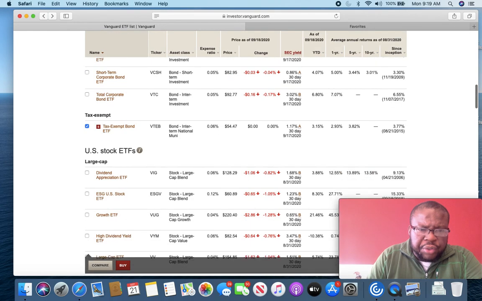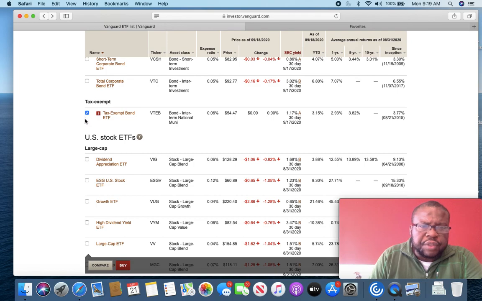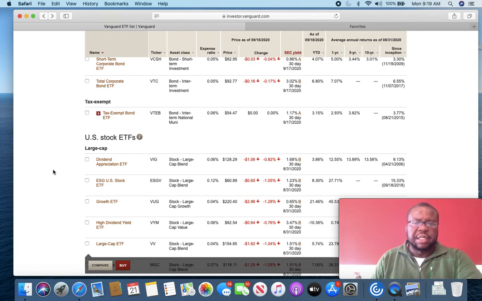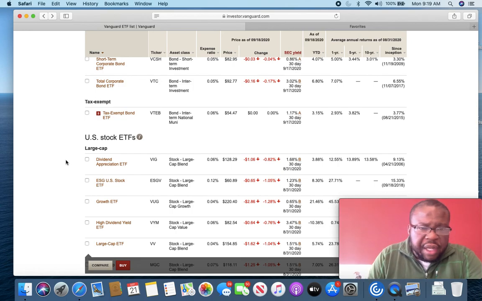Now, this is what I want to look into. Look at the stock ETFs. That's kind of what I want to look at. The U.S. stocks ETF. Again, these ETFs are going to be, here it says large cap. These are large cap stocks, and they're a basket of them. Depending on what you want, the words will describe it. Dividend Appreciation ETF.